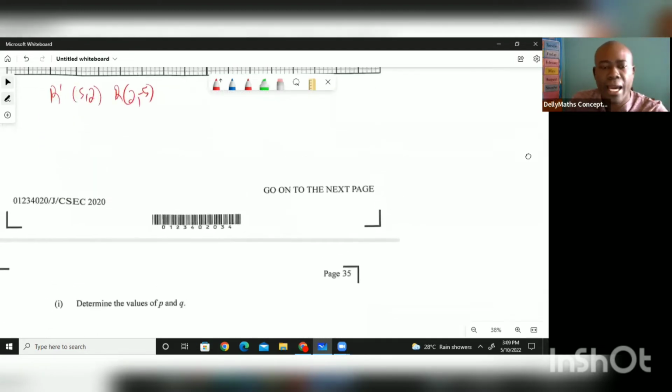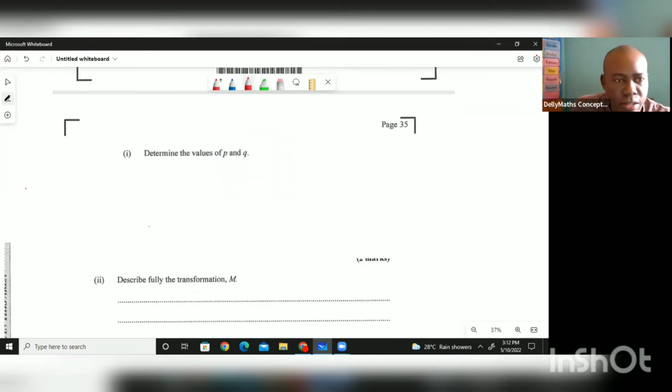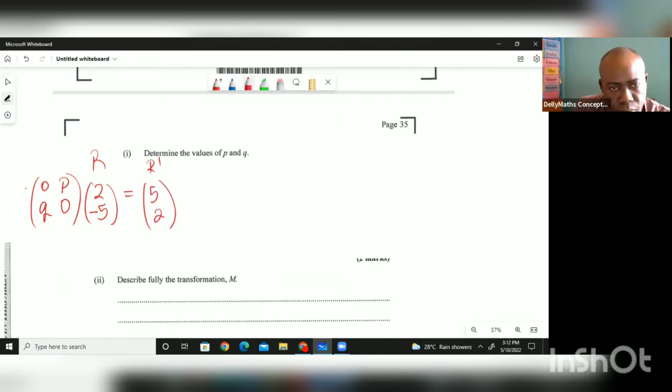So what we're looking at is a case like this: there is a matrix, 0 p, q 0, that transforms R, which was (2, -5), into R prime, which is (5, 2). So this is what happened.